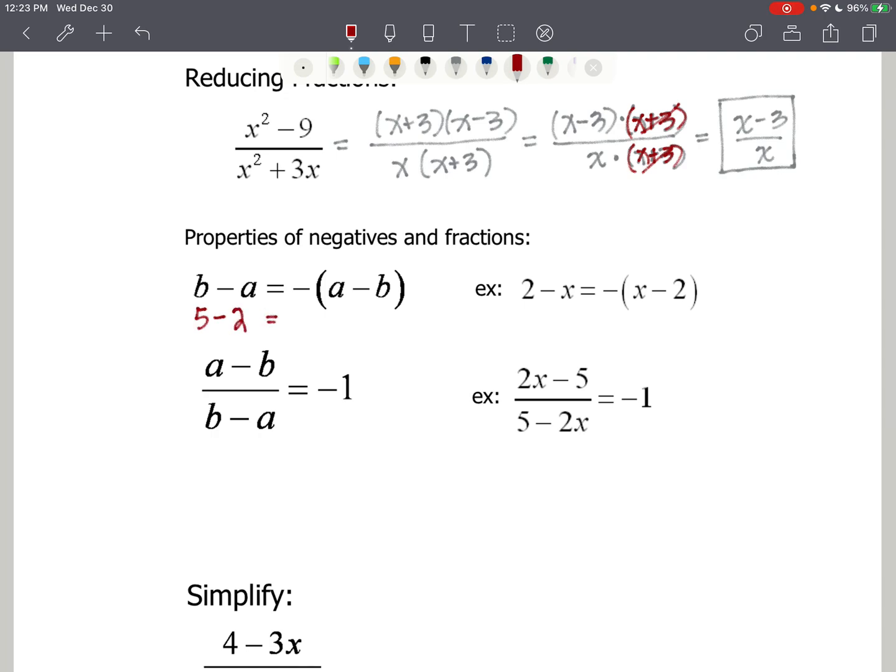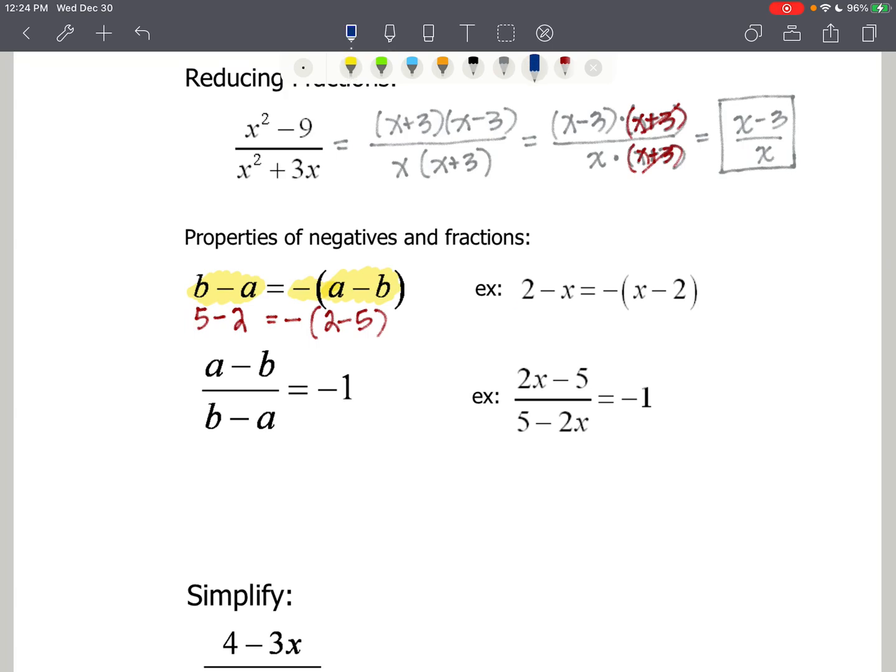But if I write 2 minus 5, that's not the same thing. 5 minus 2 is not equal to 2 minus 5. Positive 3 on the left is not equal to negative 3 on the right, but it's the opposite of negative 3. So that's what this property says: if I have b minus a, but I really need a minus b, I can reverse the order, but I have to put this negative out front. So I have to take the opposite of that flip.